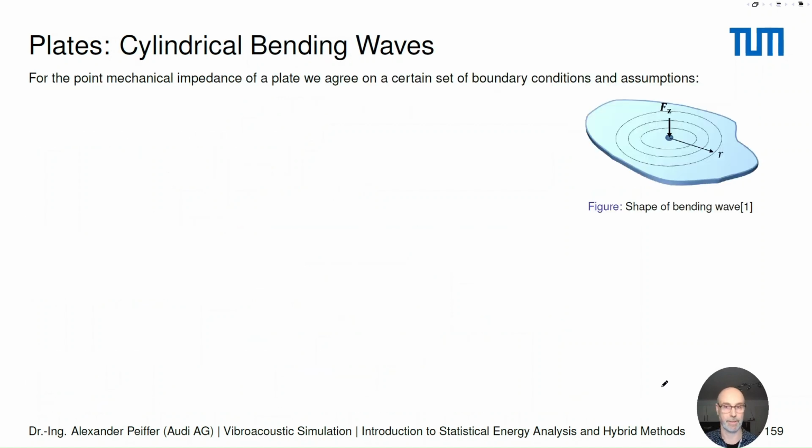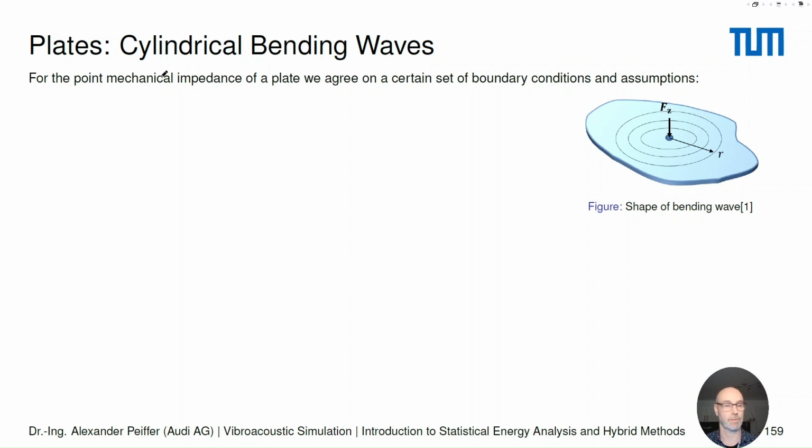Good. Now let's come to a specific case that is worth investigating. We will talk about cylindrical bending waves. The question is finally, why are we doing this? In order to derive coupling loss factors later in SEA, we need impedances. We need source impedances, similar to those that I have described in the source description for fluid waves.